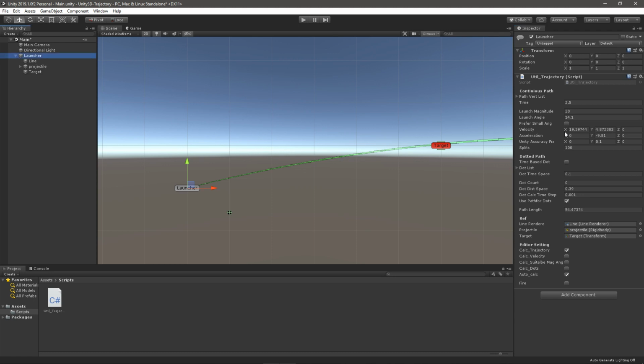So if I don't prefer a small angle and I increase my magnitude, then I will get this very high angle. But if I prefer a smaller angle and then I increase my magnitude, I will get this direct hit.